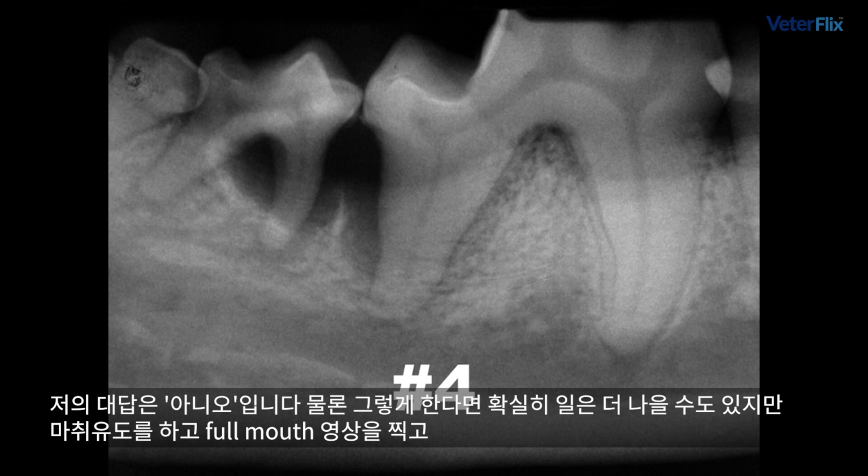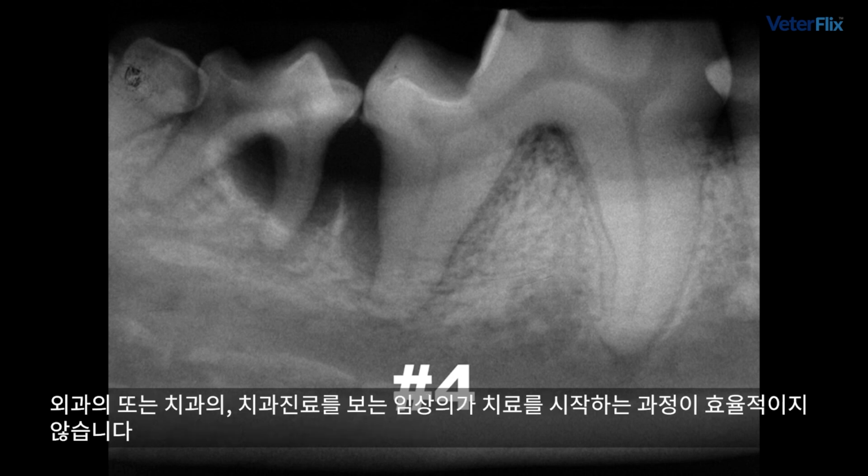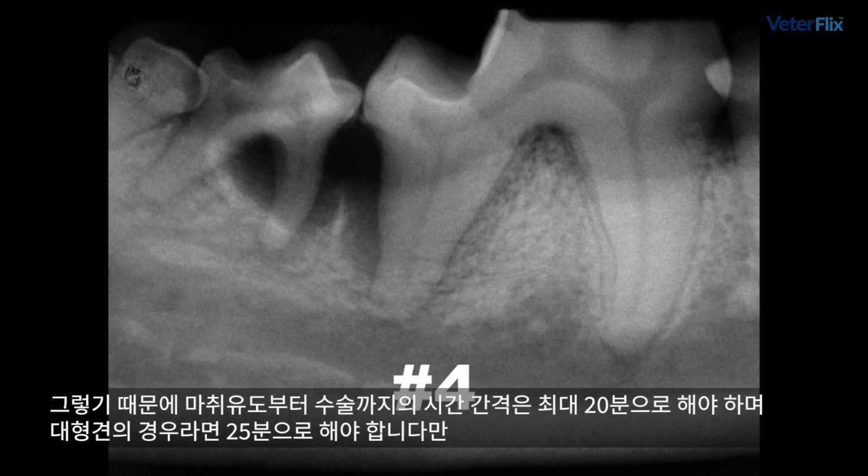If you're doing that, the chances are you're not efficient in the process from induction to full mouth radiographs to the point where the surgeon or the veterinary dentist or the practitioner that's doing the veterinary dentistry in the practice is getting in to proceed with the procedure. So that time interval between induction and surgery should be at the very most 20 minutes.